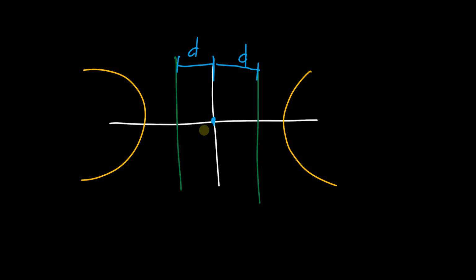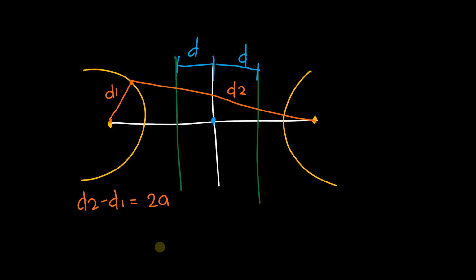What else? Okay. So we have the foci. Say for example, class, from this point, going to any point on your hyperbola, let's say that's D1. From here, going to here, that's D2. And by the property of the hyperbola, D2 minus D1 is always equal to a constant 2A.